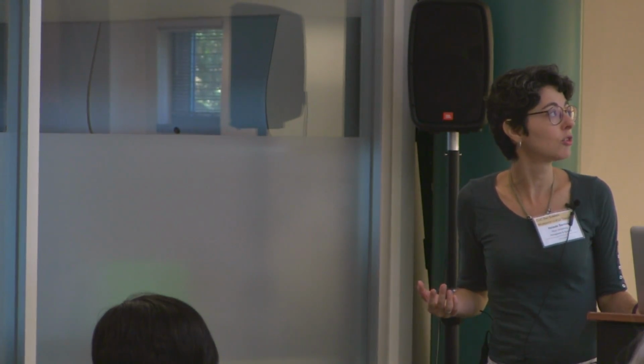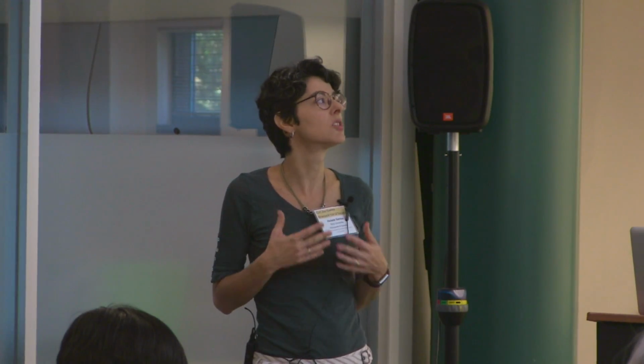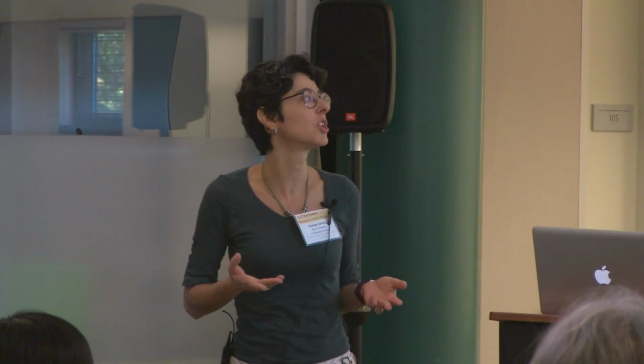But then when we go to the textbook and we start seeing what the researchers have found when they analyze the textbook language, what we see is that the language in the textbook does not represent native and advanced speakers' practices in conversation.